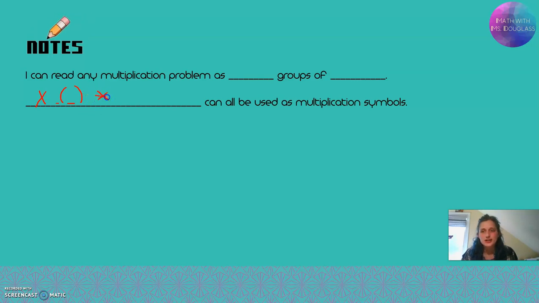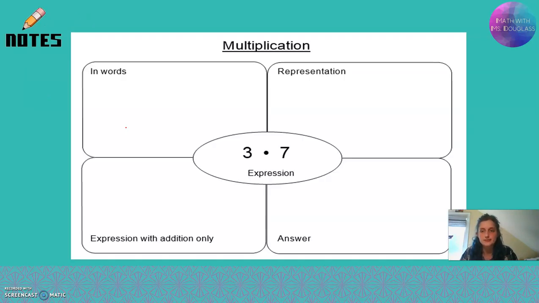This asterisk, which if you're on a keyboard is the key on top of the number 8, is also a multiplication symbol. And also this big circle dot is a multiplication symbol. So there are lots of different options for showing multiplication, and we want to make sure that we're comfortable with all of them.